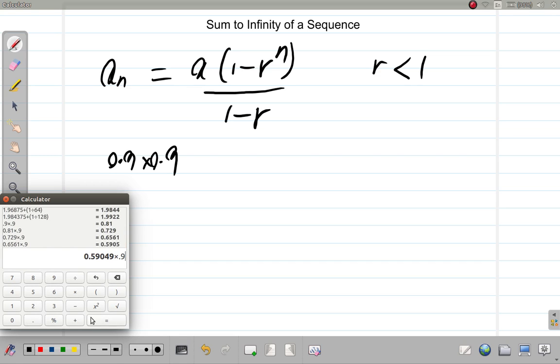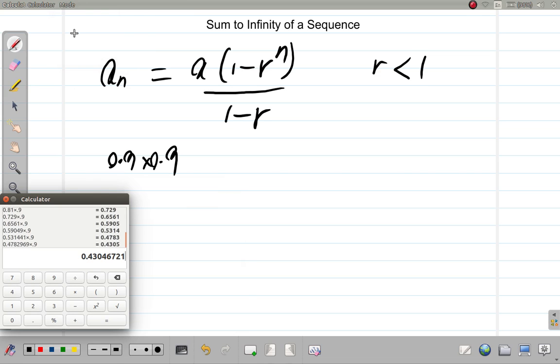Do it again, this is 0.9 to the 6th. Do it again. This is 0.9 to the 7th. 0.9 to the 8th. So each time the answer gets smaller and smaller, all right? You went to 0.729, 0.656, 0.59, 0.53, 0.478, 0.43. So it keeps getting smaller and smaller.